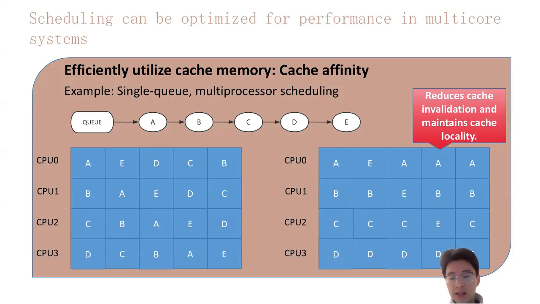And here you can see the next chart, CPU 0. Here you can see A, E, A. In CPU 0, you can see process A executes on CPU 0 1, 2, 3, 4 times. It's very useful, and it can reduce cache invalidation and maintain cache locality. So this means cache affinity.